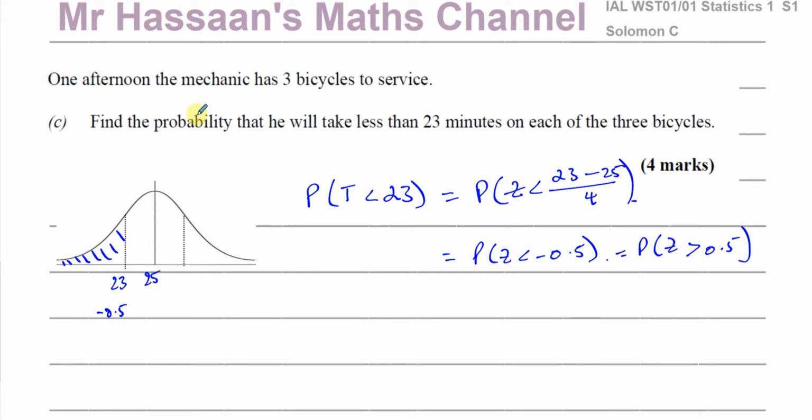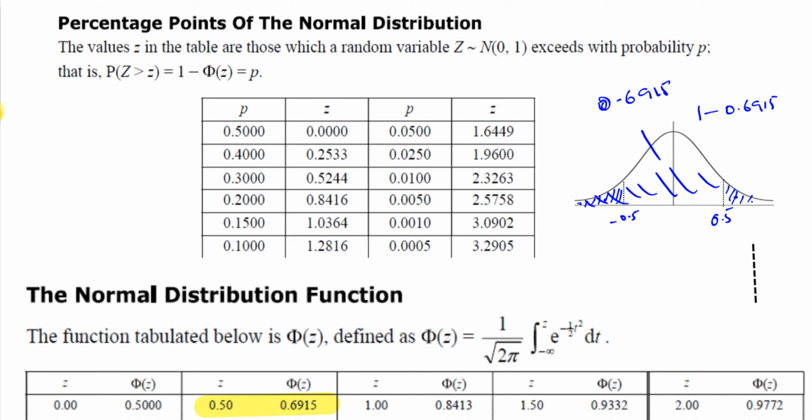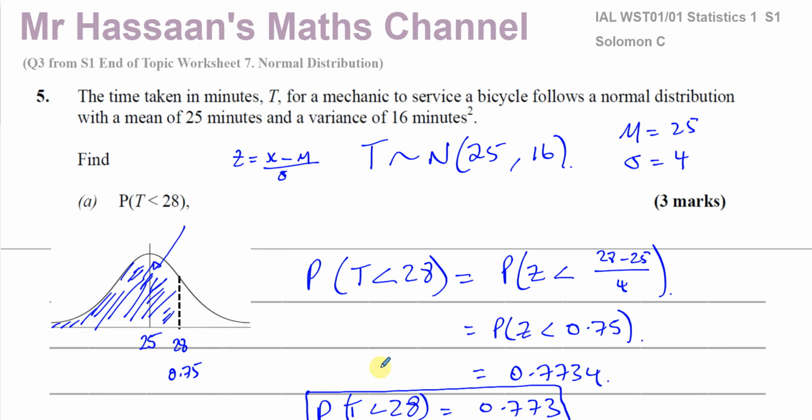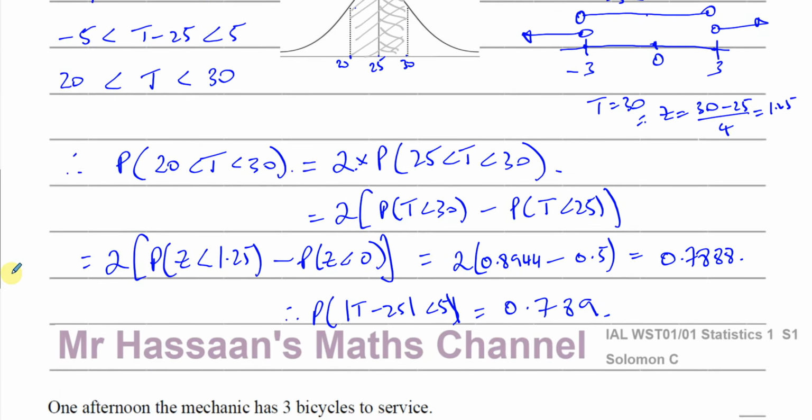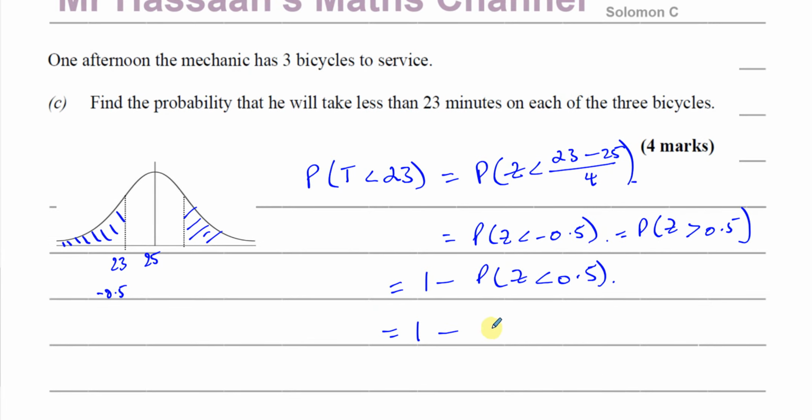These two areas are the same. And the probability that Z is greater than 0.5 is 1 minus the probability that Z is less than 0.5, which we found in our table: 0.6915.